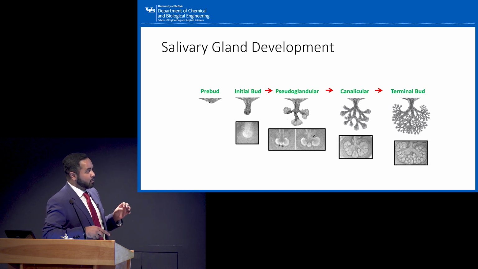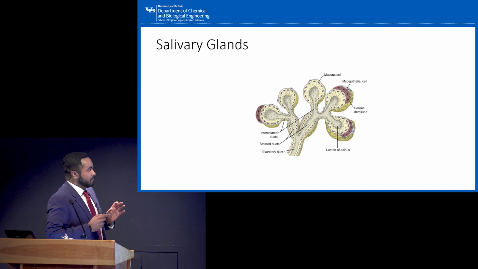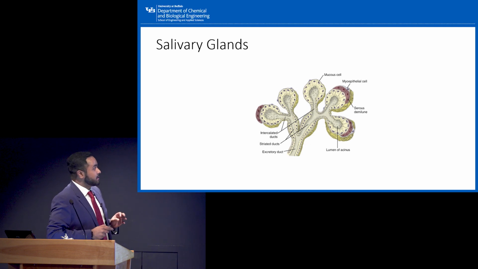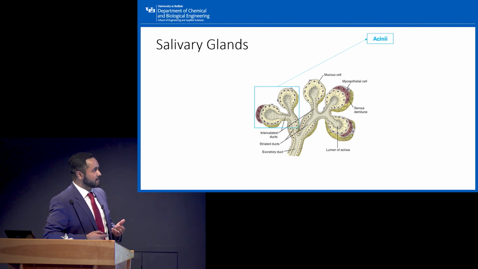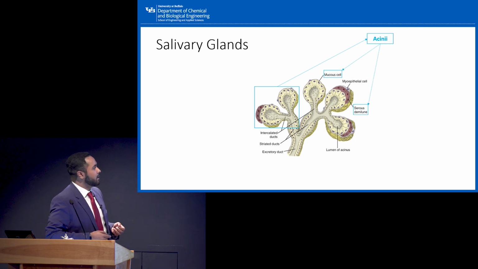So let's take a look at the different cell types in each of these compartments. The gland basically has three major cell types, mainly the acinar cells, of which there are two types, the mucus cells and the serous cells. The mucus cells produce a more mucus-like saliva, and the serous cells produce a more enzymatic, watery saliva.